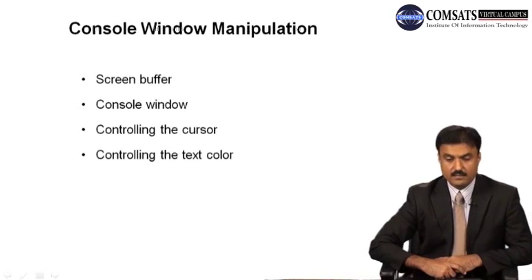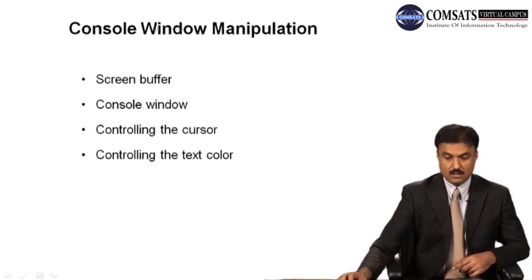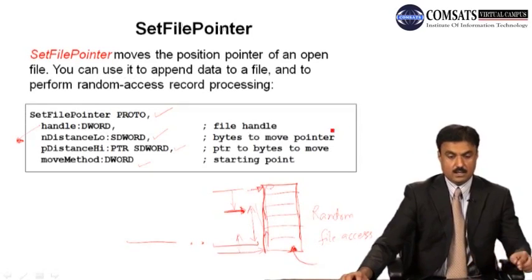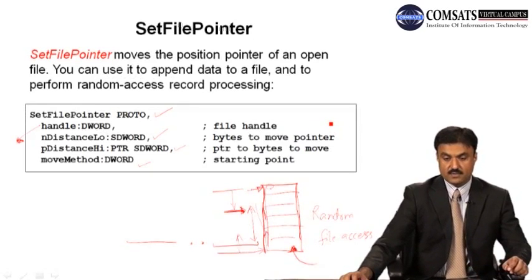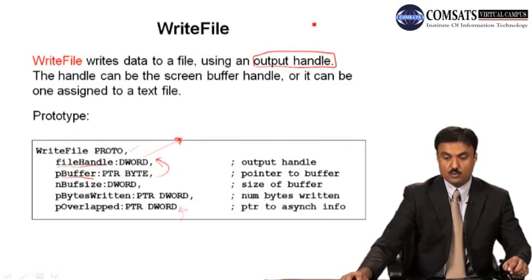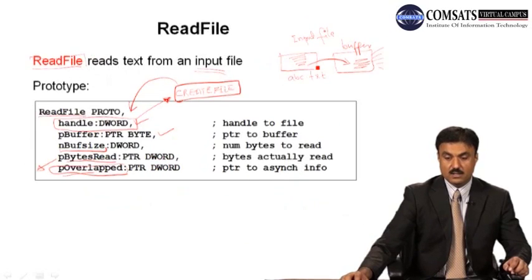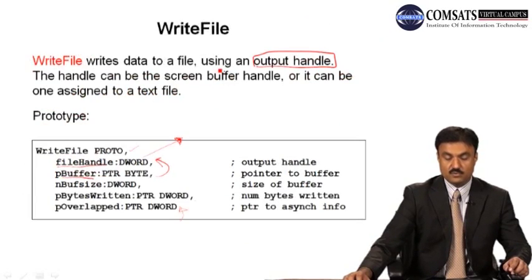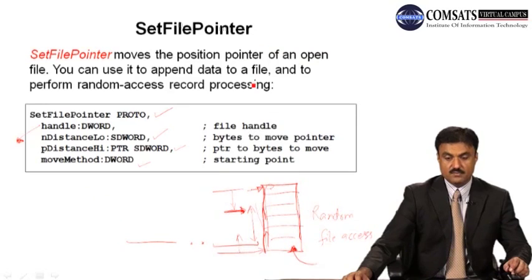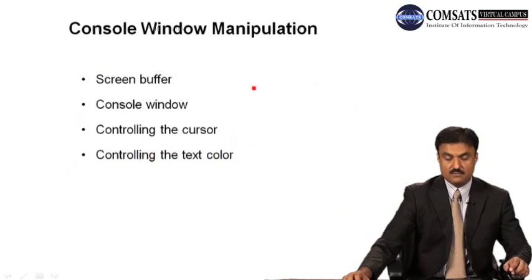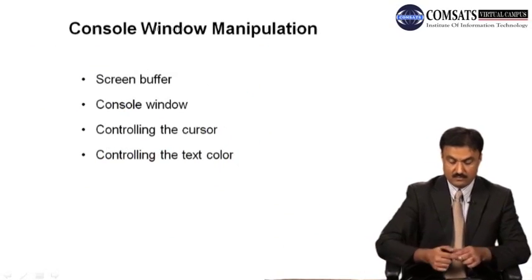After that, we have one concept, as you have seen, that we can open a file for an output handle and an input handle. So here is the input file and output file. I will explain the difference between them.